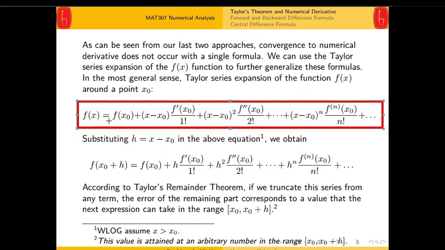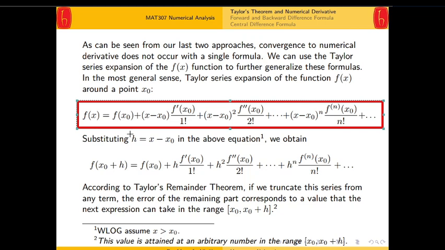So f(x) is equal to the value of f at x naught, plus (x minus x naught) times the first derivative divided by 1 factorial, plus (x minus x naught) squared times the second derivative at x naught divided by 2 factorial. If we continue like that, the general term will be (x minus x naught) to the n times the nth derivative of f at x naught divided by n factorial, and this will continue like that.